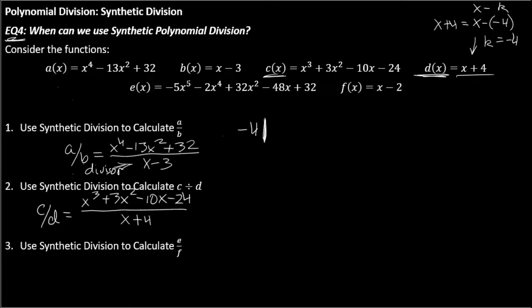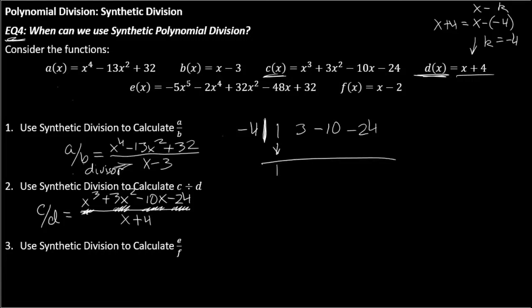I'm going to put my little bar, and I'm going to go ahead and write my coefficients. So I've got 1 and 3 and negative 10 and negative 24.